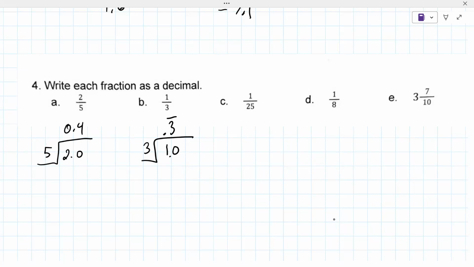0.25. Try again. You've got to just work it out this way. You can't jump to conclusions. 0.04.